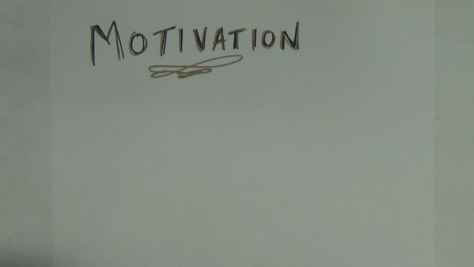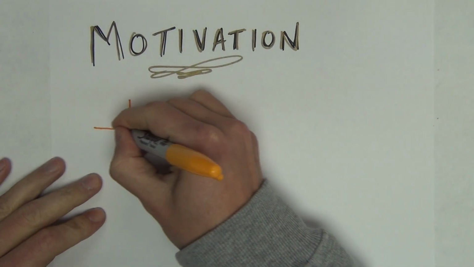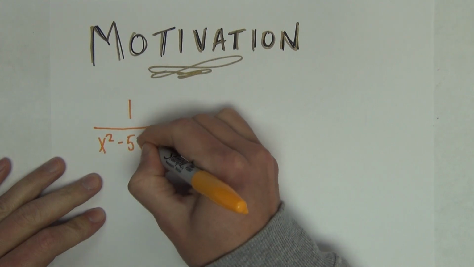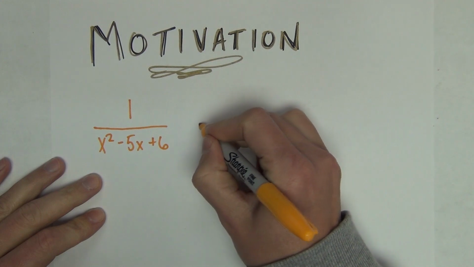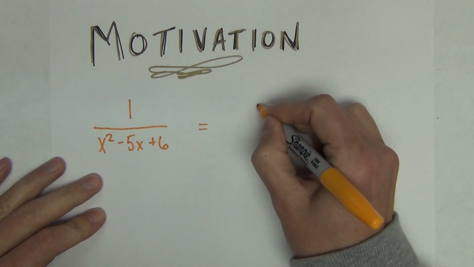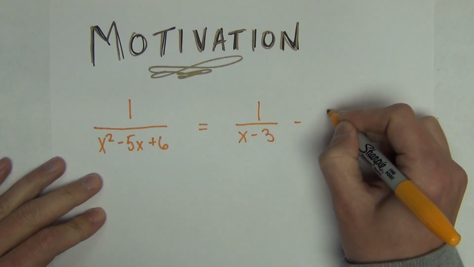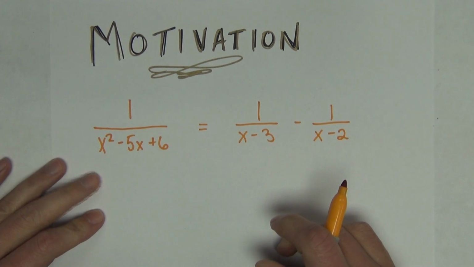Alright, so what's the motivation? Why would we want to write the fraction 1 over x squared minus 5x plus 6 as its equivalent 1 over x minus 3 minus 1 over x minus 2?